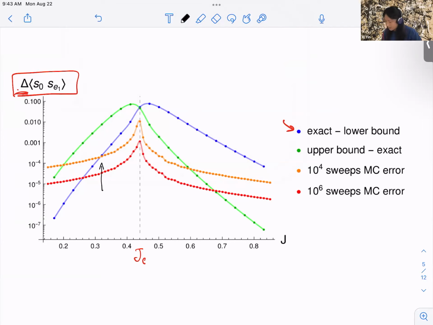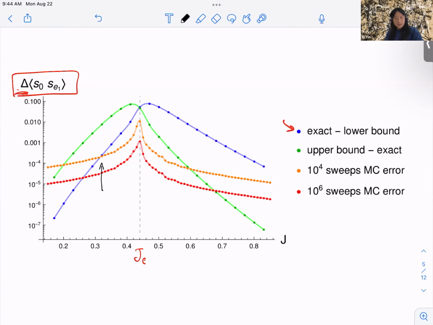So here I'm comparing this to the benchmark of Monte Carlo with the Metropolis algorithm. In the Metropolis algorithm, the computing time is usually counted by the number of sweeps. So here I have included the Monte Carlo error analysis. This is the 1 sigma error bar based on 10 to the 4 versus 10 to the 6 sweeps.